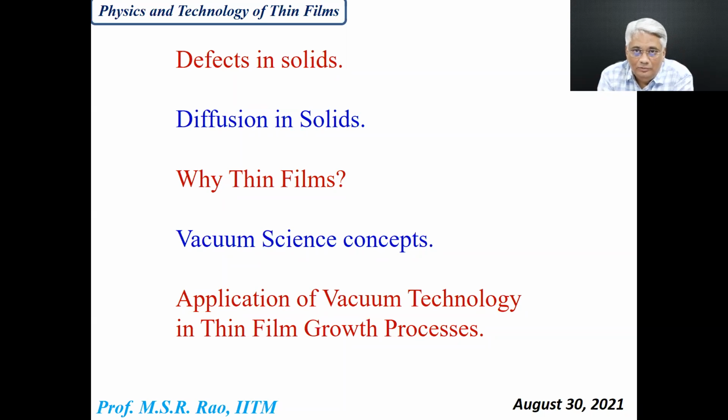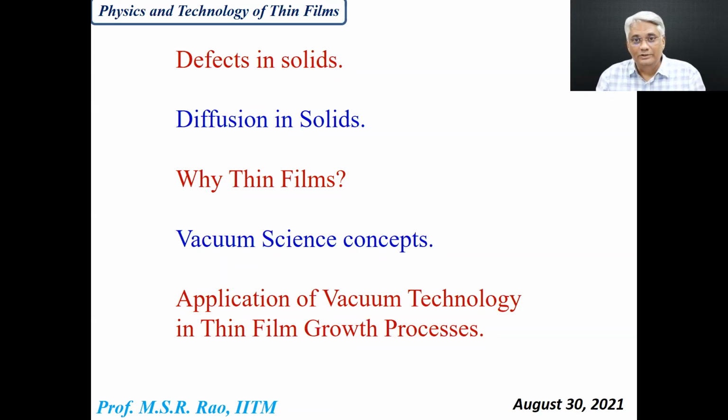what it is for preparing its bulk counterpart. Suppose I want to make a thin film of barium titanate, silicon carbide. To prepare the bulk materials, which are then converted using thin film growth processes into highly crystalline thin films, the bulk material preparation, the ceramic preparation, requires temperatures higher than 1000 degrees centigrade.